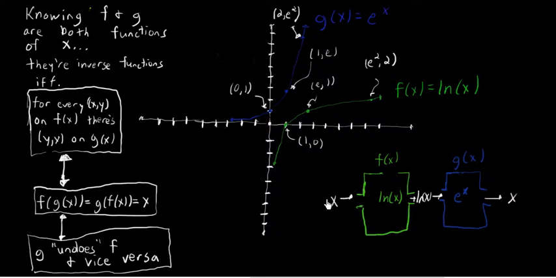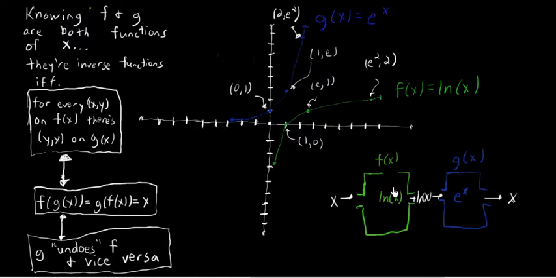So first, input x into f, and we get as an output the power to which we raise e to get x, and then we input that power for x into g. So you'd expect that we get x as a result.